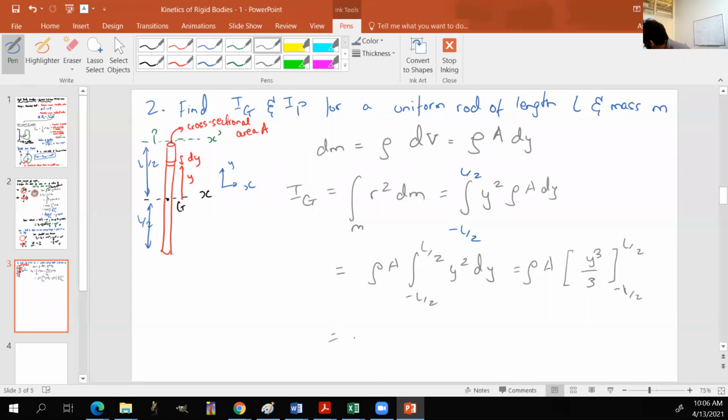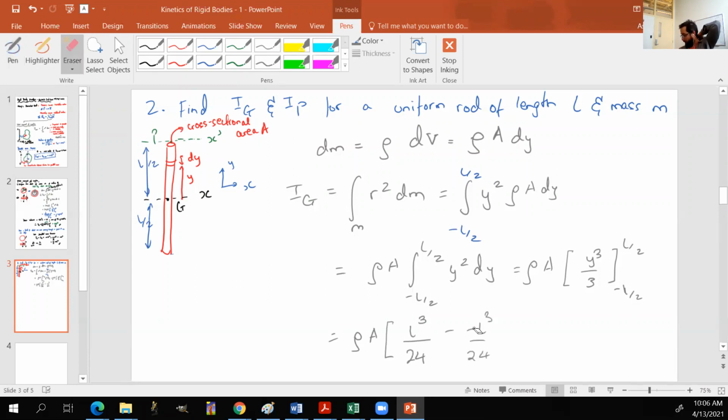So you're left with rho A times L cubed divided by 3 times 8, 24, plus, well, it's going to be minus, but then you're left with a minus L cubed over 24.